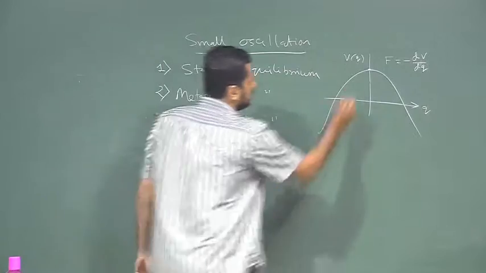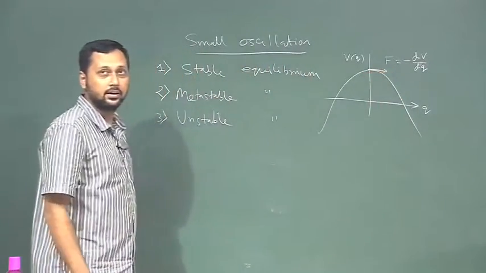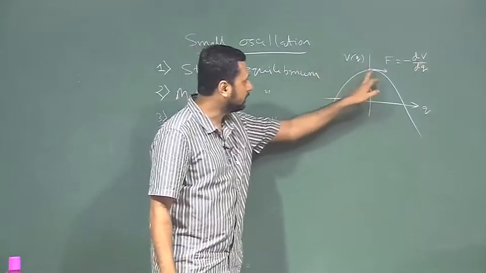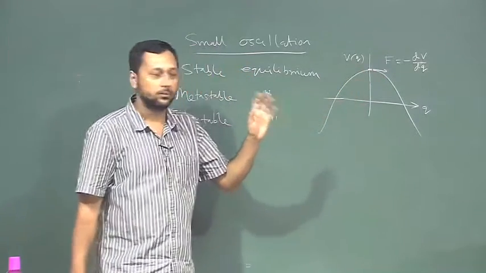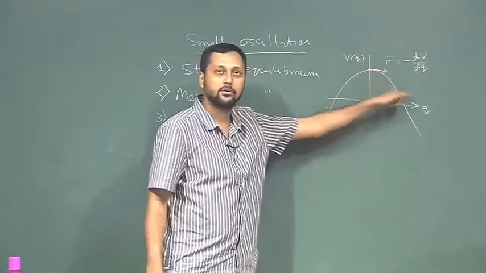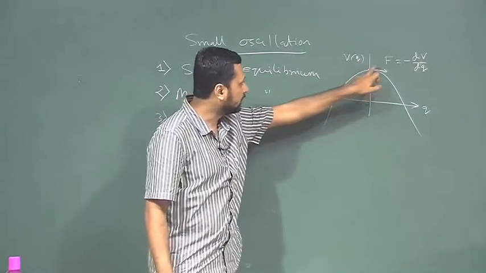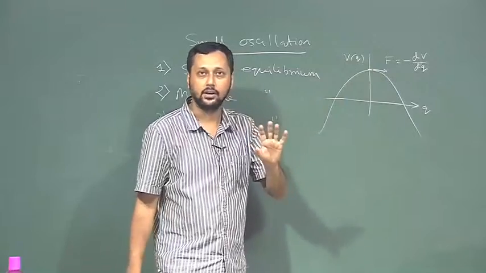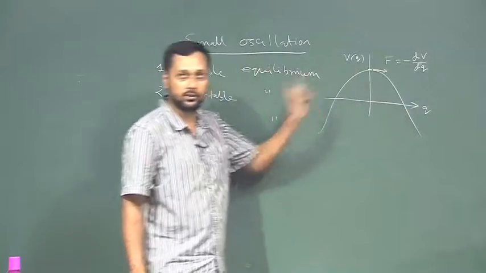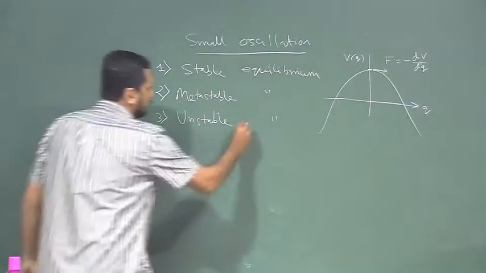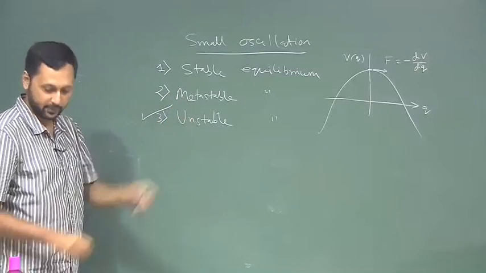So, here you see the slope is in this direction, right. So, the force will be driving it. If we deviate it slightly, the force which will be generated is driving it away from the equilibrium, right. So, that means the system will fall, it will never go back to the equilibrium, it is not restoring in nature, but it will be driving away from this point. So, the system will fall out of equilibrium, and this is an example of unstable equilibrium. So, this is what is meant by unstable equilibrium.